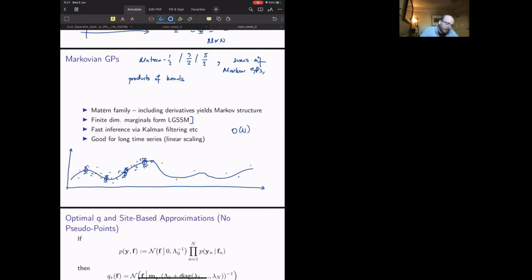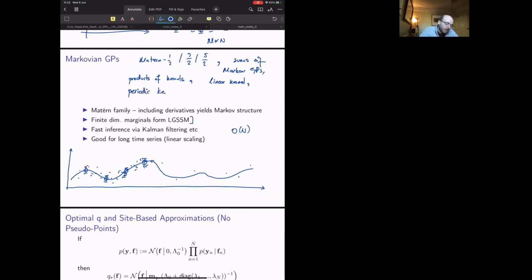And then there are other things you can do that are slightly different. There are things like the linear kernel, which has this Markov property, but it's a bit of an edge case in that it's this degenerate kernel, and you only really need to know 2 points, and you have the whole function. You can also construct approximations for things like periodic kernels.